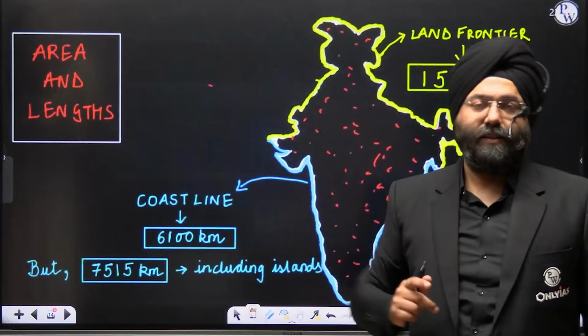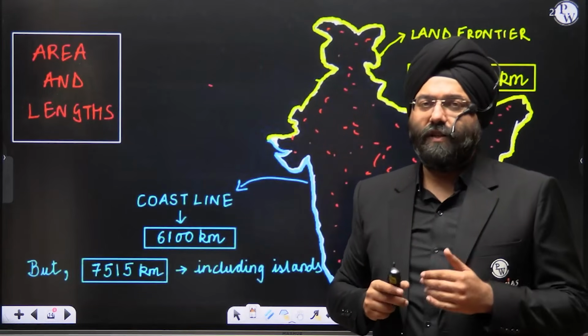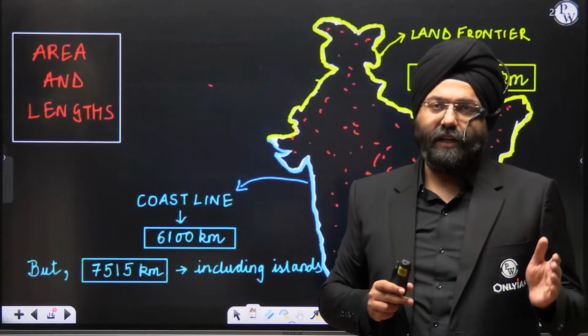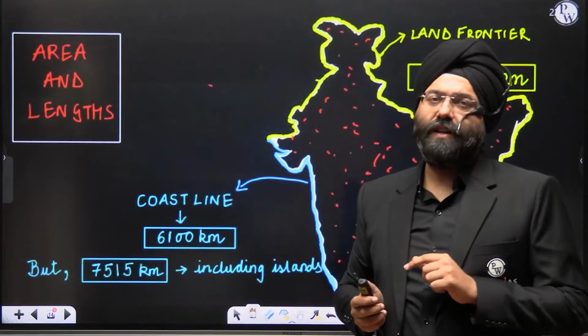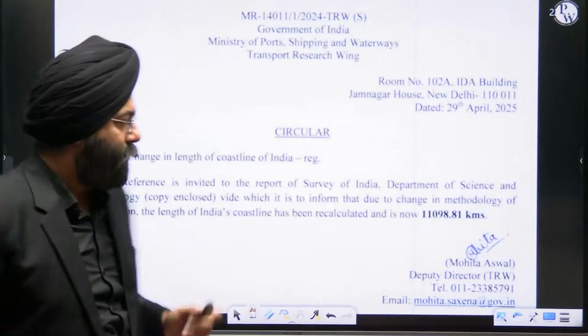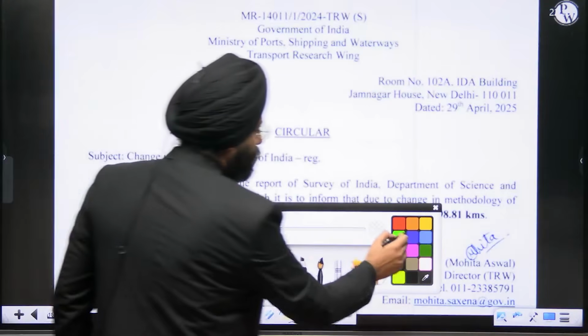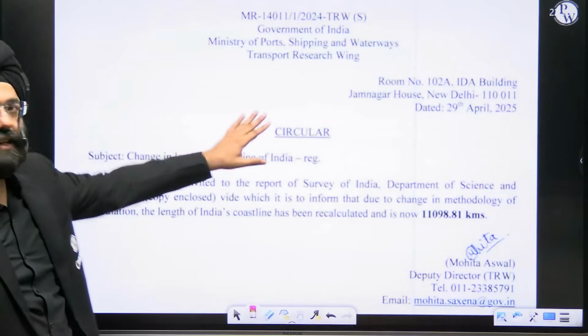But please understand this. We always say that if there is a contradiction with respect to NCERT and other data, you generally follow NCERT. But in this case, a special document has been produced by the Government of India. In this particular case, we realize that there has been an updation in the coastline as presented in the circular.